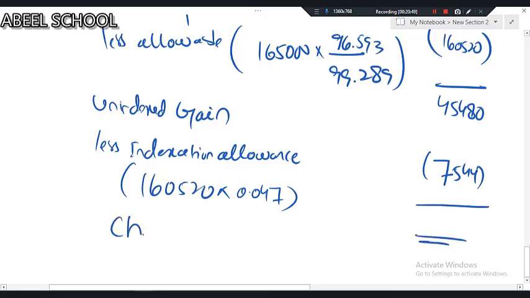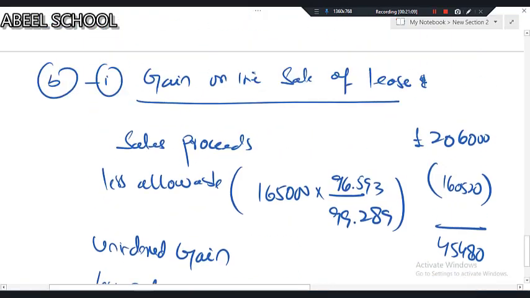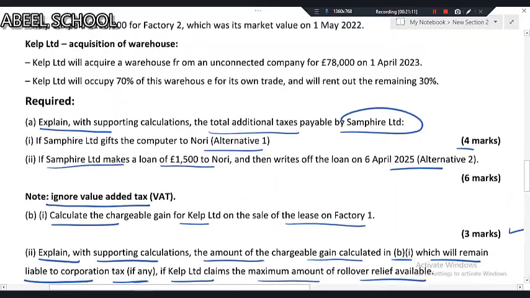Here comes the chargeable gain. 45,480 minus 7,544. The chargeable gain is 37,936. In B part 2, we need to explain how much remaining chargeable gain after claiming the rollover relief is still chargeable.